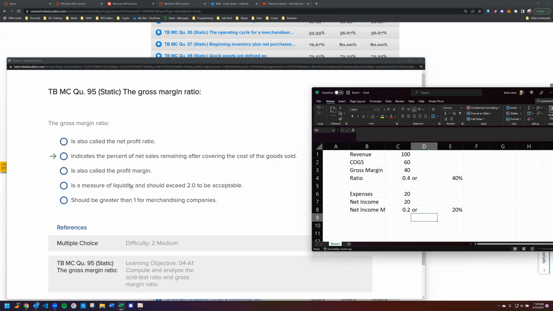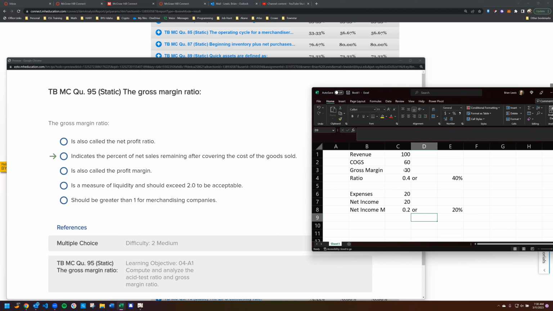Is a measure of liquidity and should exceed 2.0. Well, no, this is not a measure of liquidity. This is a measure of profitability. So liquidity would be no. Should be greater than 1 for merchandising companies. Well, you can't really have something greater than 1. You can have something equal to 1 if you have no cost of goods sold, which is unlikely, but it would always be below 1 because you're always going to have to cover some level of cost of goods in order to get a margin.